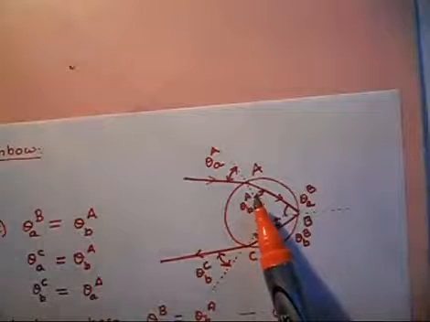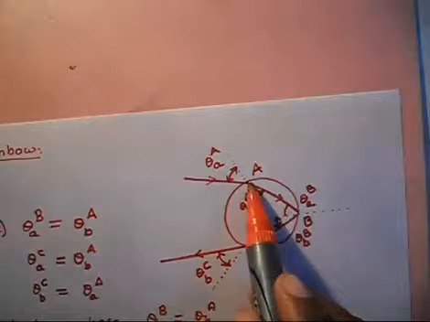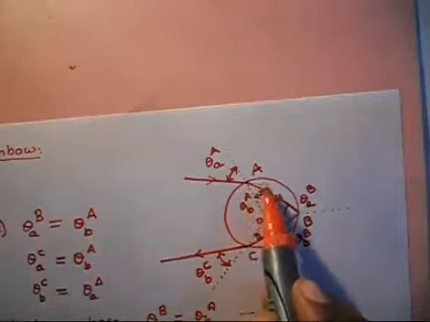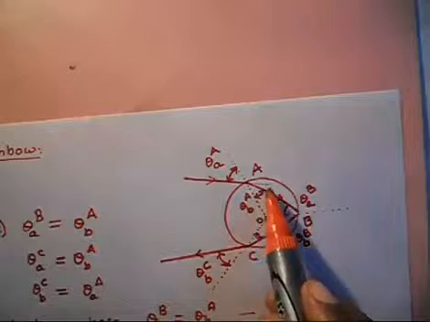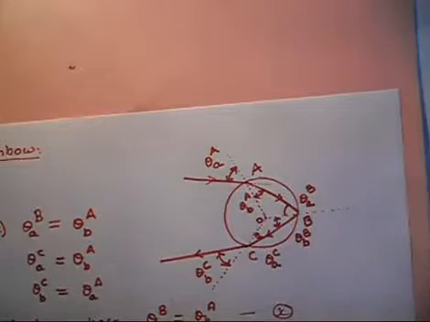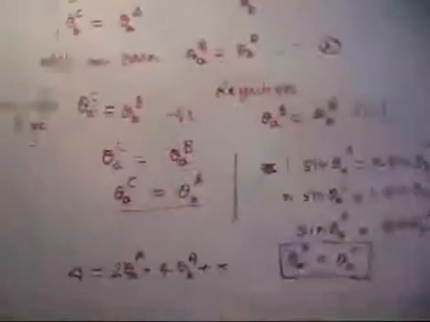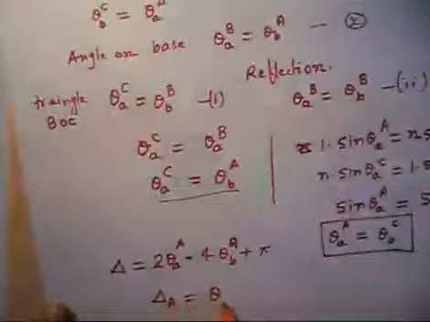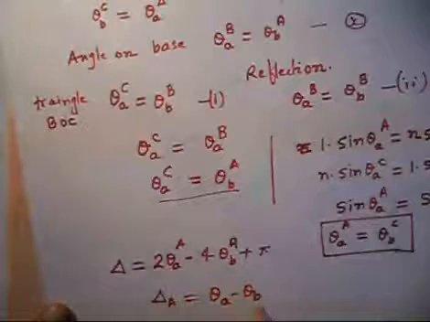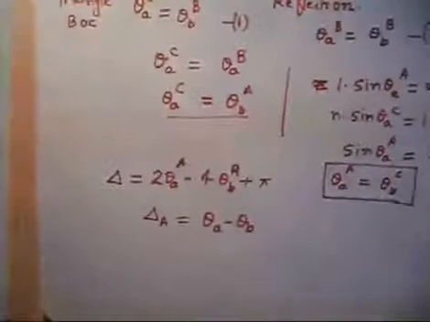If the ray goes something like this, this angle would be theta a, but now the angle is theta b. So the angle of deflection is theta a minus theta b. So at point A, deflection is theta a minus theta b.